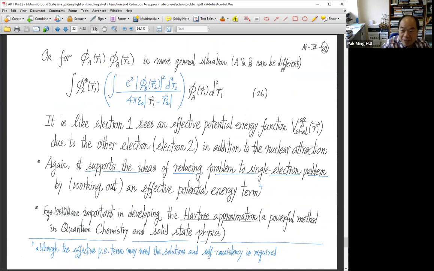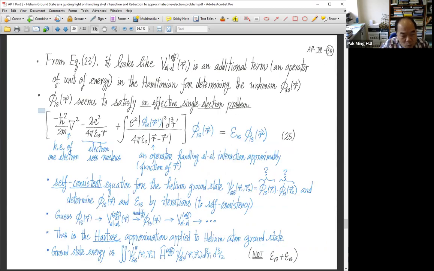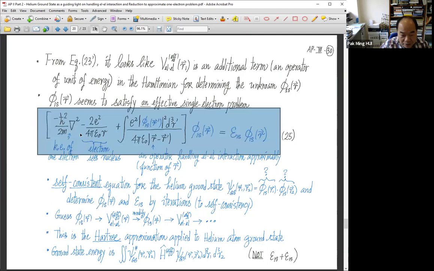And if we extend to when A and B can be of different states, there are complications. First of all, you will not get only one single equation. You will have coupled equations.